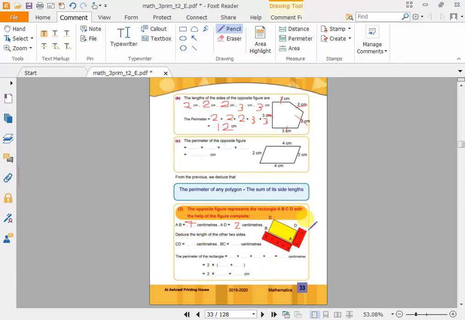If we measure the length of CD, we will find it is 4, and also 2.